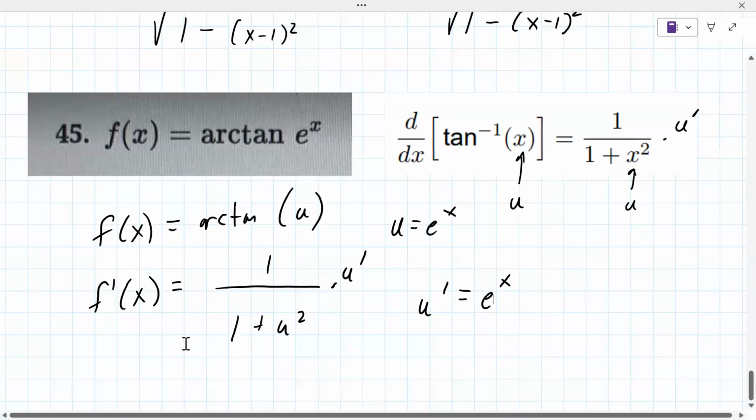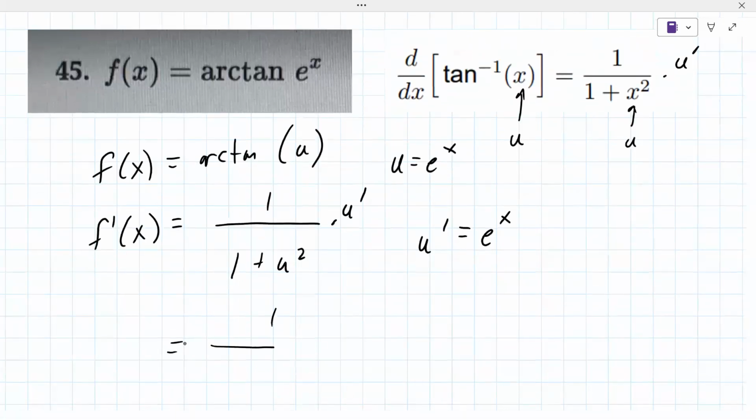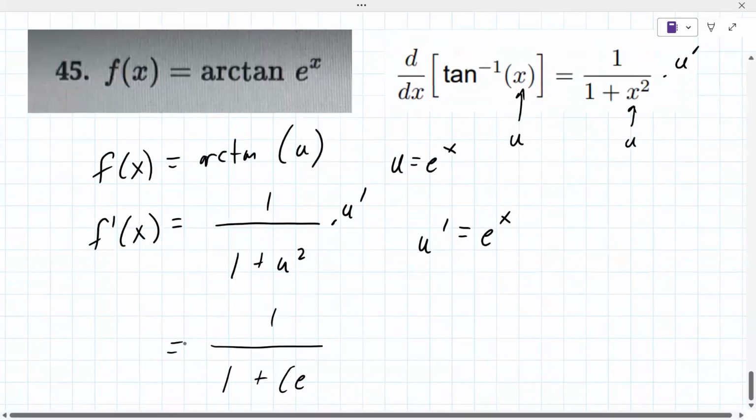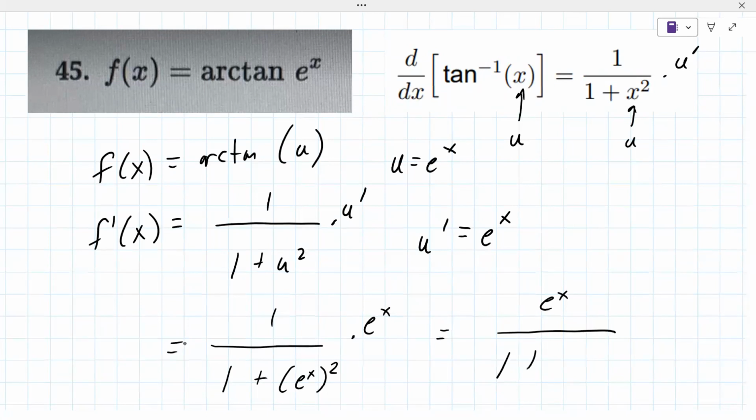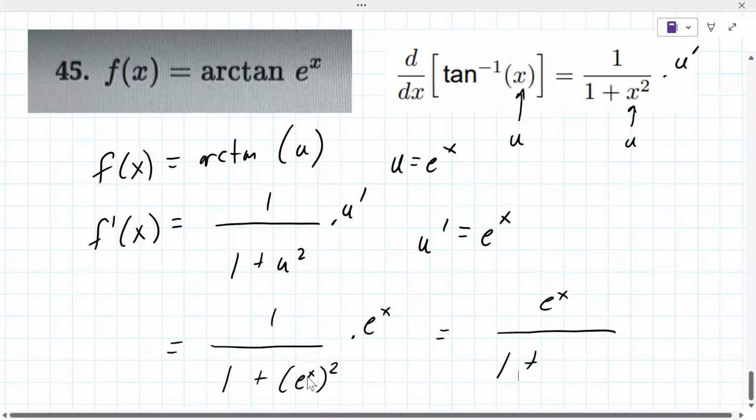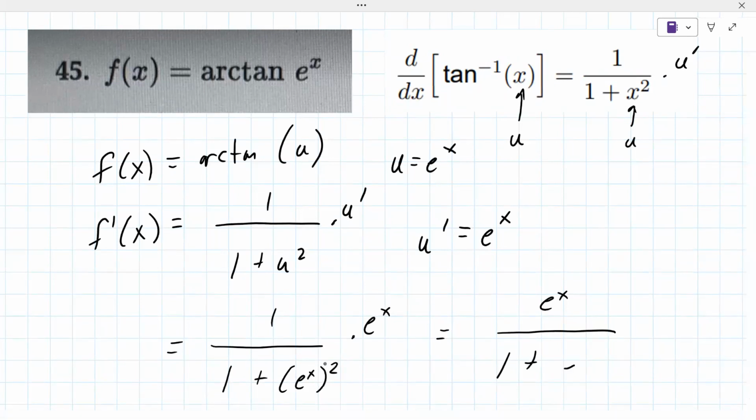Is that clear? Yep. So now the back substitution: 1 plus e to the x squared, times e to the x, becomes e to the x on top. And then here you've got an exponent to an exponent, so you end up multiplying. It probably would look like this when you simplify.